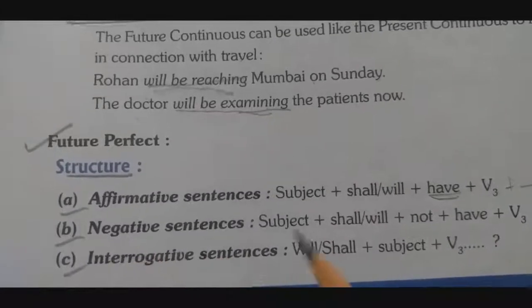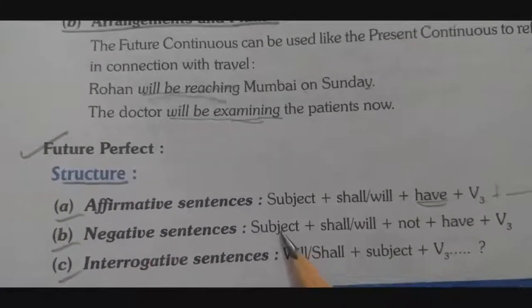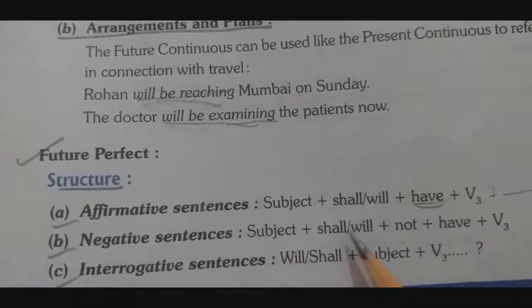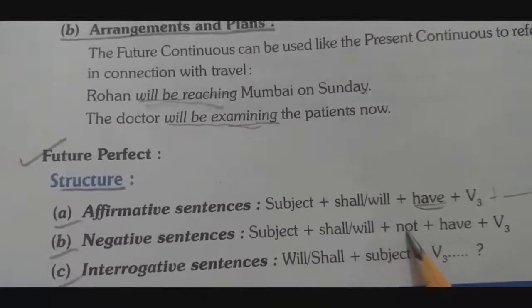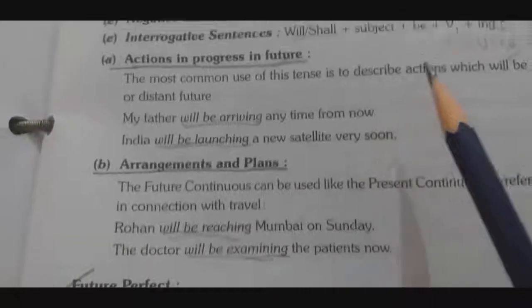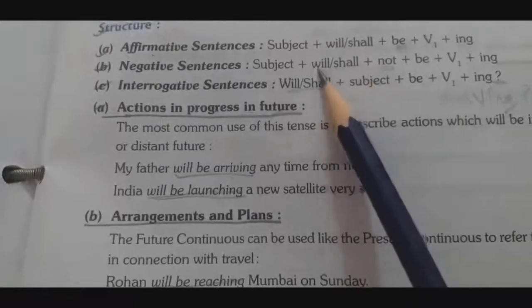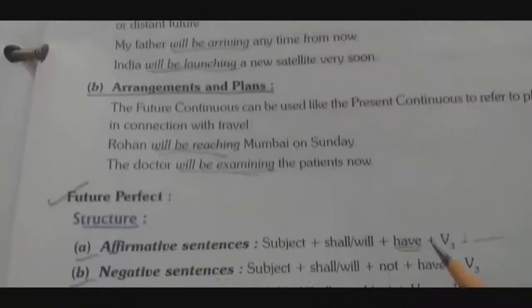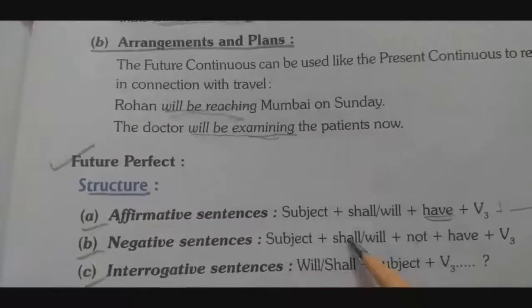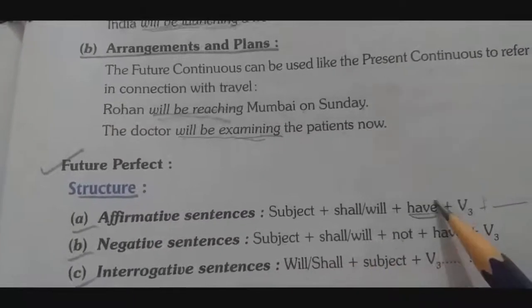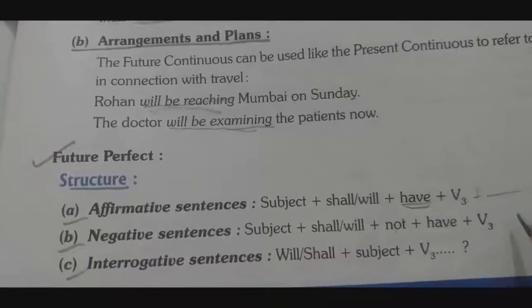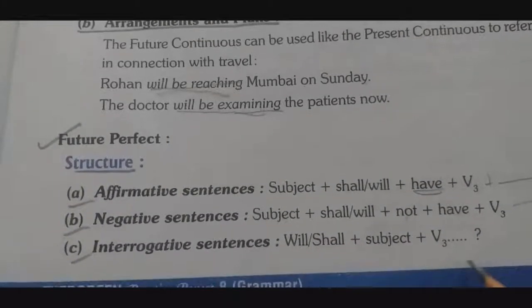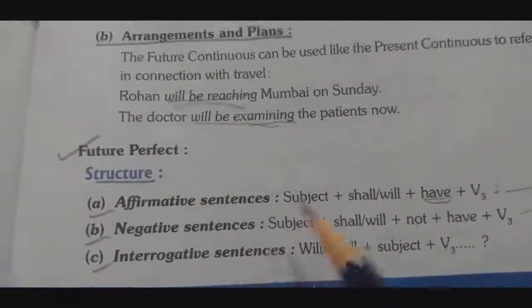In negative sentence, we will use subject plus shall or will, and then not. Similarly here also: subject, shall, will, not, and then have, and then third form of verb, and then remaining part of the sentence.